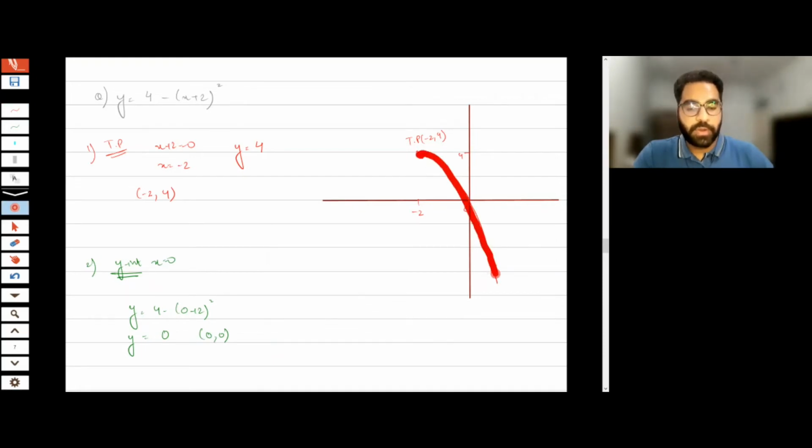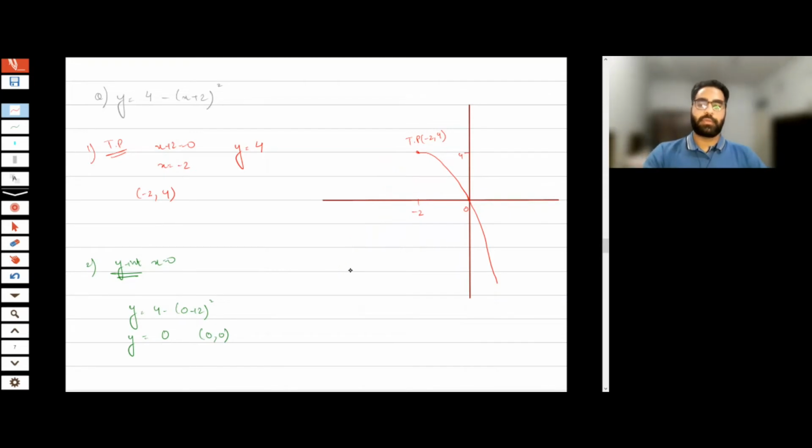Remember, it's a quadratic curve, it's a parabola. Parabolas are symmetric about the center. So the other part of the curve would be the exact image of this part. So I'm going to make the other part of the curve by making the image of the right hand side, somewhat like this.